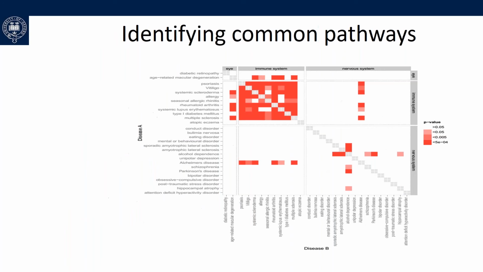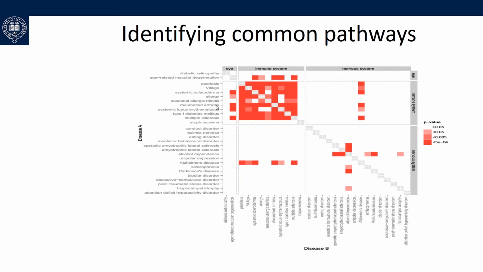He then did a clustering analysis where he said which of these pathways cluster together. And you can see this is just one very small portion of that clustering analysis. He saw a number of different clusters of diseases that genetically at least seem to be similar. And this was the biggest cluster, and it contains some disorders that we don't think of as going together, like seasonal allergic rhinitis, which is a worry for me because I get that.